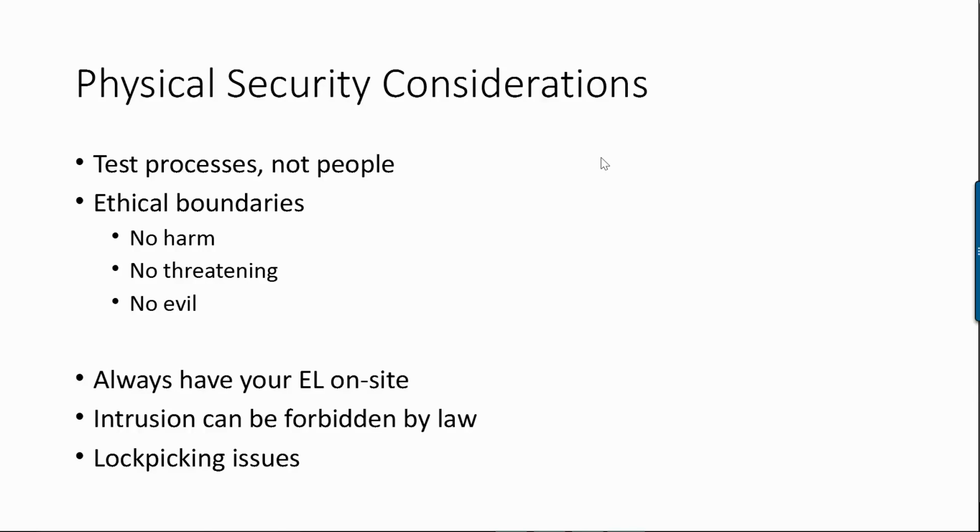You have to highlight the results of the processes or the lack of processes, the absence of training or organizational controls or awareness program, or whatever path has been chosen by the client to prevent social engineering threats. So focus more on processes, not people.